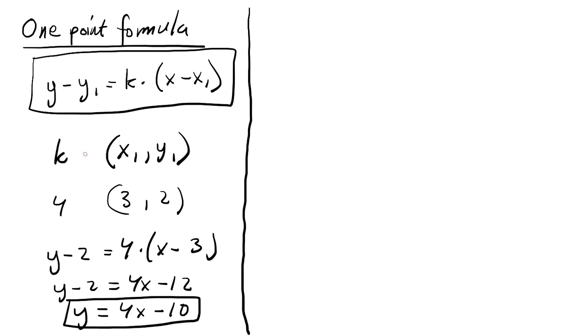Instead of knowing k and 1 point, you can just as well know 2 points on the line. It's well known that if you have 2 points on a straight line, that determines the straight line completely. Because if you have 2 points on the straight line, you can just mark those 2 points and draw a straight line with a ruler between them. Then you have the straight line.